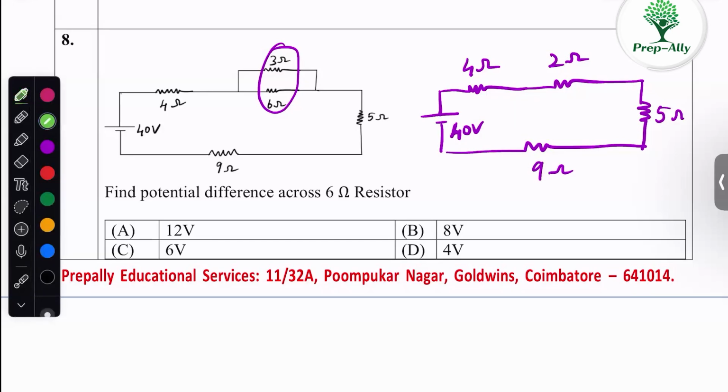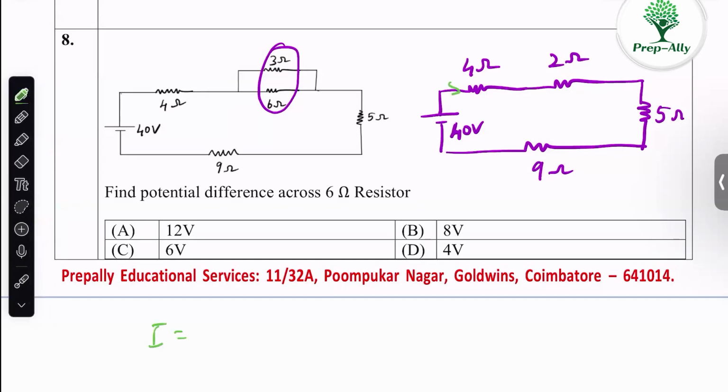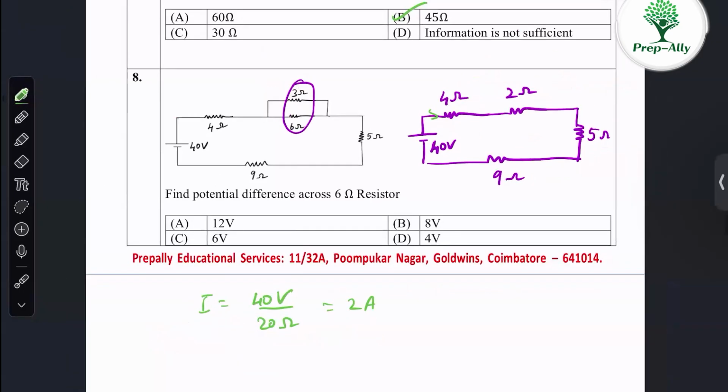So the current in this branch will be equal to 40 volts by the total resistance, which is 4 plus 2 plus 5 plus 9, 20 ohms, or 2 amperes. So 2 amperes current means the potential drop here will be I into R. So 2 into 4, 8 volts.